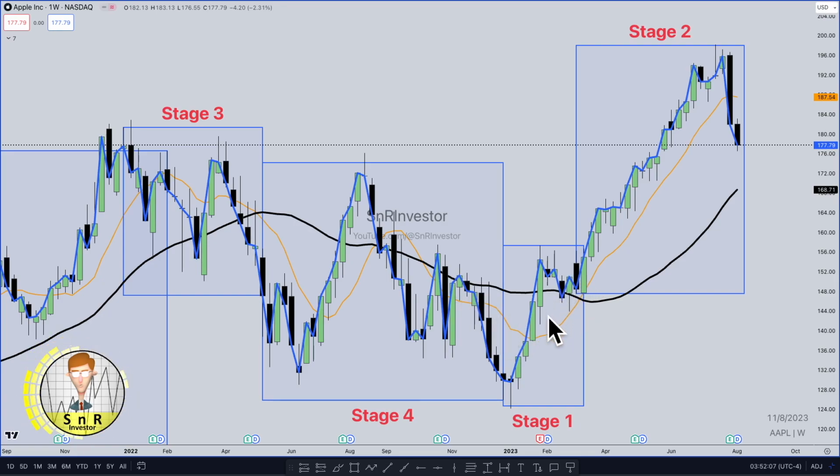Then you can see over here, when the 10 week moving average, the orange line, crosses the 30 week moving average towards the upside, it begins the stage 2 move.